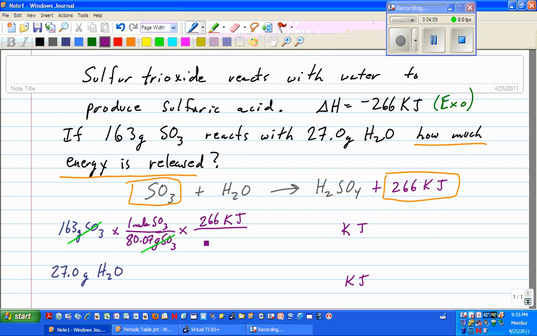The 1 mole of sulfur trioxide goes on the bottom. I'm using this just like I would a coefficient in any of my stoichiometry problems. So it's a 266 to 1 ratio. There's only 1 mole of sulfur trioxide for every 266 kilojoules of energy produced. So at this point, I can go ahead and cross out my moles of sulfur trioxide. I've got my kilojoules of energy.